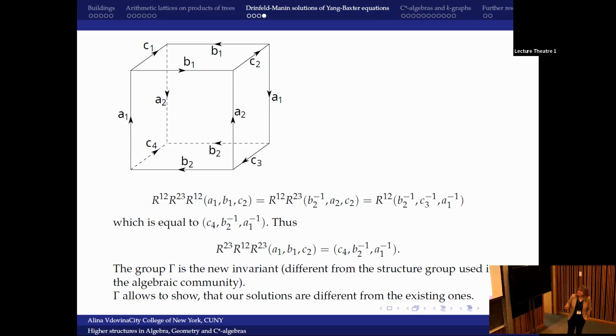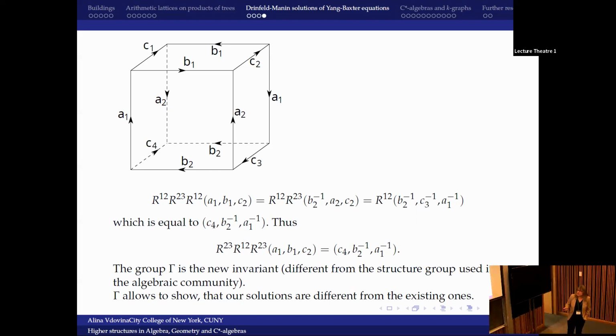So here we have a1 b1 c2. When we apply this operator on the left, we get c4 b2 a1 inverse. But if we apply this other operator to a1 b1 c2, we get the same path as well.